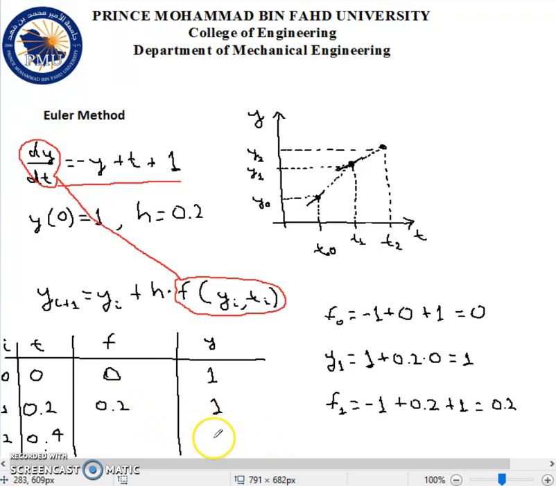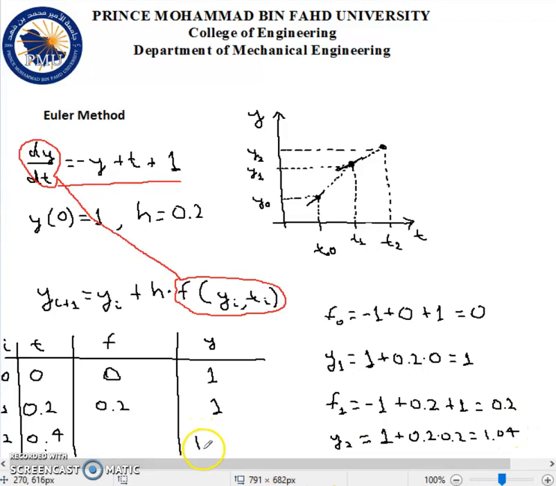So what's the value of y2? y2 equals, we follow the rule here, y1, which is 1, plus the step 0.2 times the slope at point 1, so f1 is 0.2, which equals 1.04.